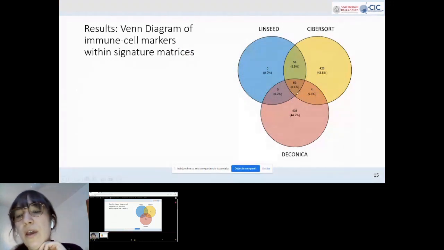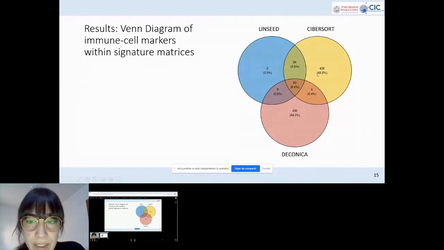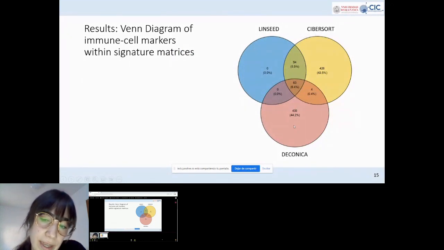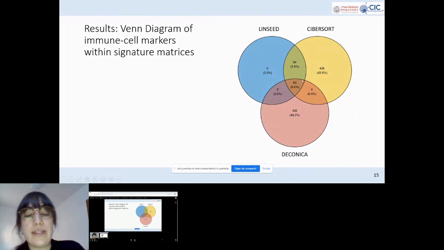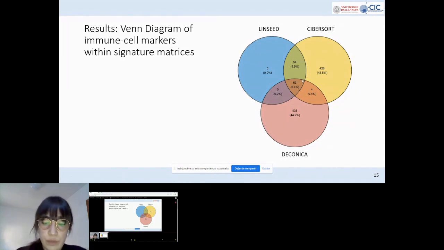We observed that all gene markers estimated by Linset were in the reference matrix, but only 67 to 500 genes inferred by deCONICA were in the signature matrix. Therefore, Linset was more robust to identify immune cell markers.